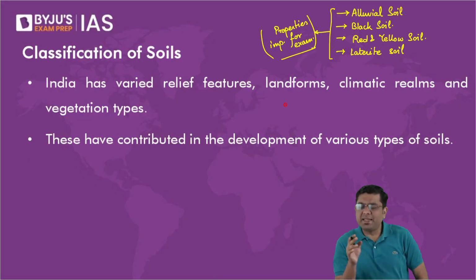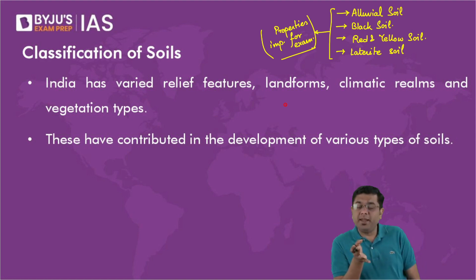Overall, just understand that soil across the country is generally very poor in terms of nitrogen content. So urea as a fertilizer is substantially used.